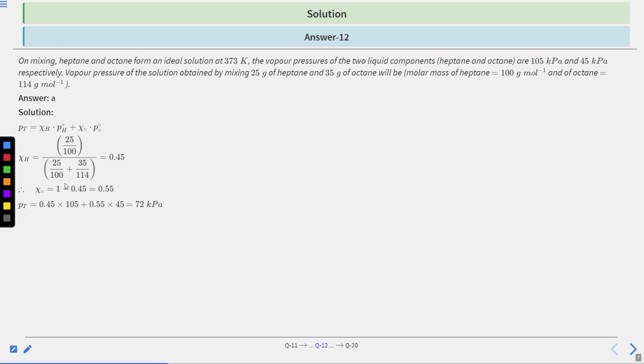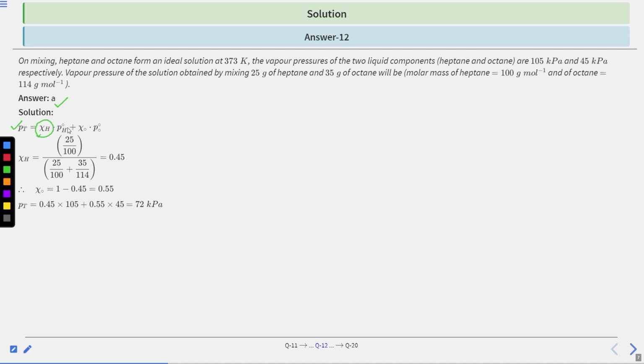Okay, so the correct answer is option A. We know that total pressure is given by the mole fraction of heptane into the vapor pressure of heptane plus the mole fraction of octane into the vapor pressure of octane. And we have to calculate the mole fraction of heptane.